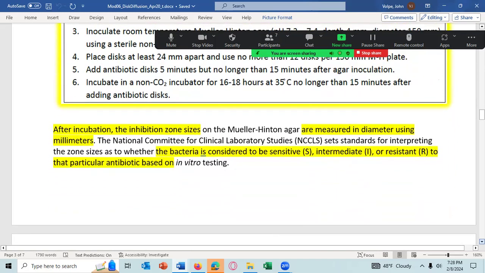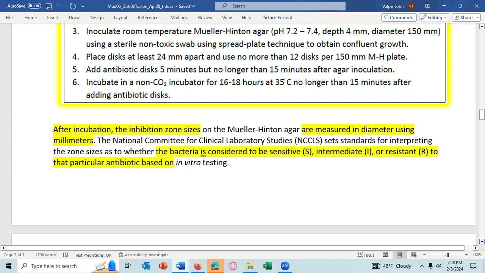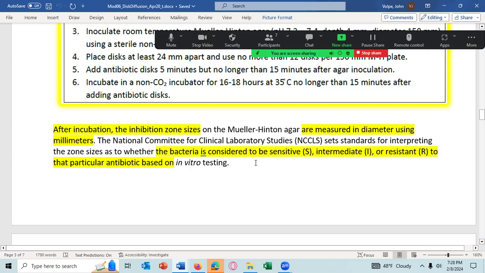All right. After the bacteria are allowed to grow in the incubator, you then take a look at the plates and you measure the sizes of the zones of inhibition in millimeters. And then you get the diameter of that zone of inhibition and you compare that to the National Committee for Clinical Laboratory Standards, usually abbreviated NCCLS.